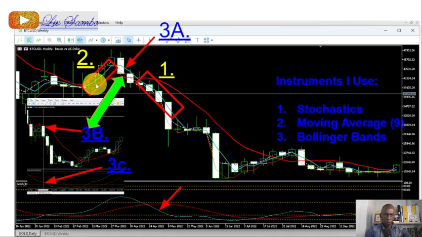Though you could have made money there if you knew what you were doing, as long as you follow this strategy where the candle touches the green line, and the green line is looking up, and the green line of the stochastic is looking up, then you know you are having a good trend, though you knew that it's going to be short-lived, because you already knew you were in a downwards trend.